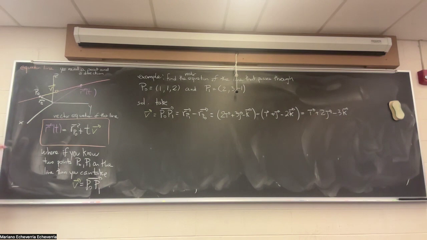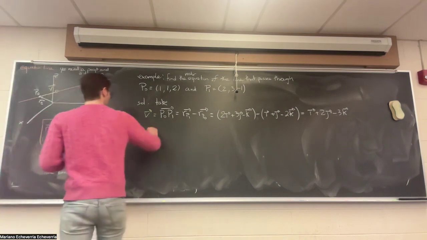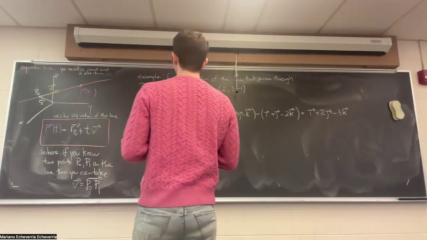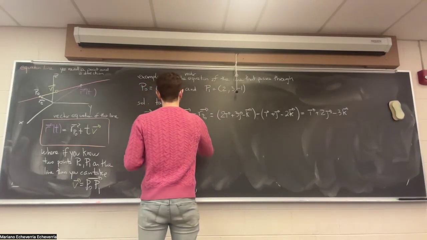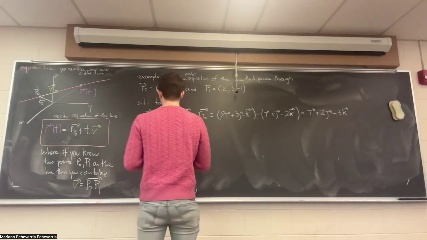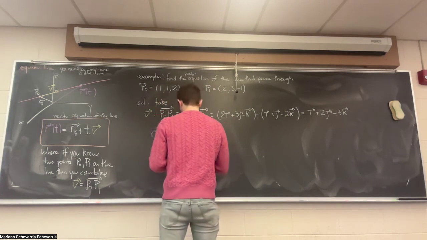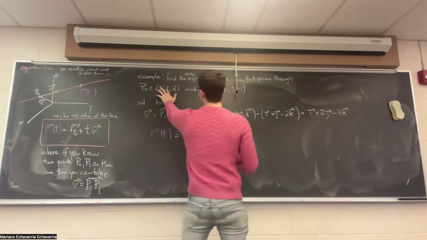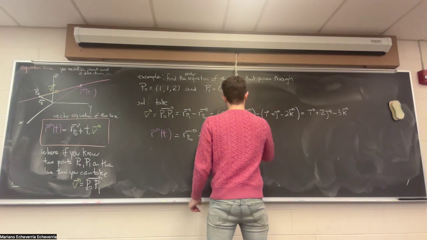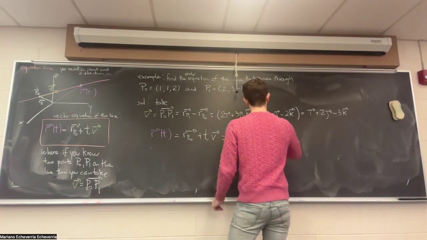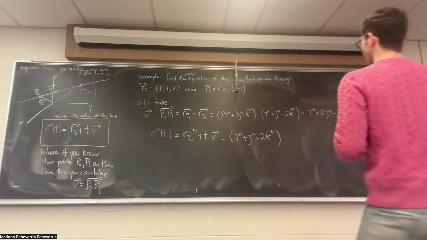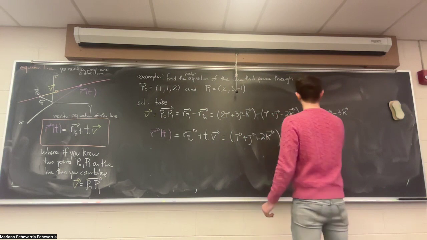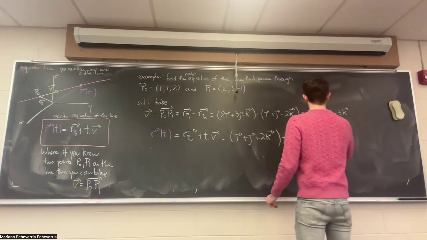And we're almost there. So the position vector r of t is just the position of P naught plus t times this vector. So what is the position vector P naught? It's just i plus j plus 2k, plus t times the vector i plus 2j minus 3k.